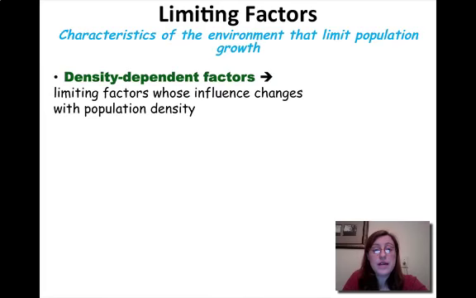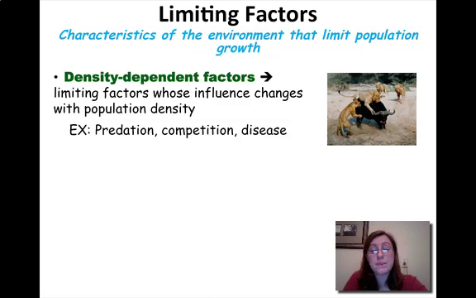So what are these characteristics that are going to control how our populations grow? Well, some of them are going to be dependent on the size of the population to begin with. For example, predation. If you have a lot of individuals in your population, it might be very hard to hide them all, and so you might see a higher chance of predation occurring.